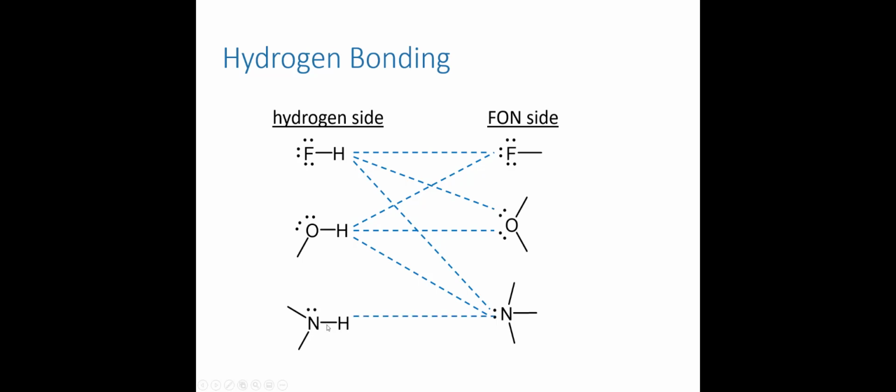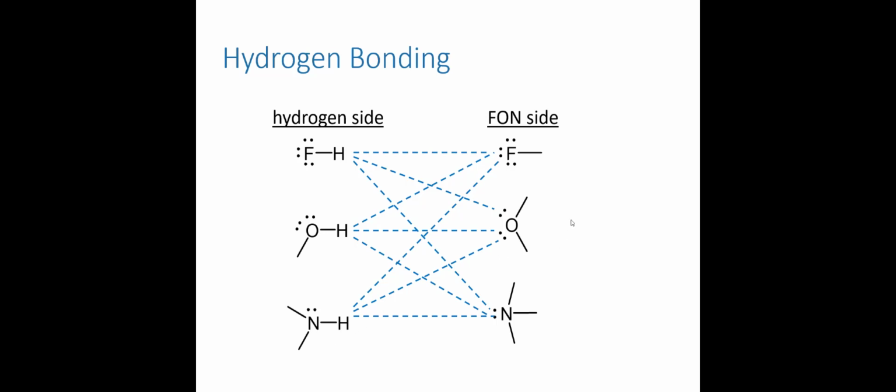And when I say on a, I mean covalently bonded to a nitrogen. It could be attracted to the lone pairs of some other nitrogen, or to the lone pairs of an oxygen or a fluorine. So there's technically only 9 possible combinations here in terms of where we could observe hydrogen bonding.